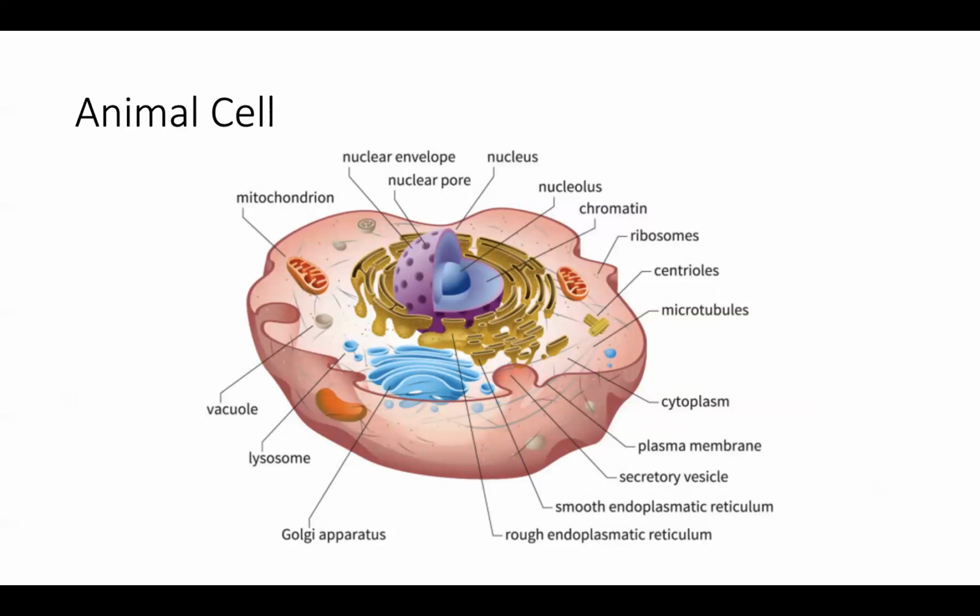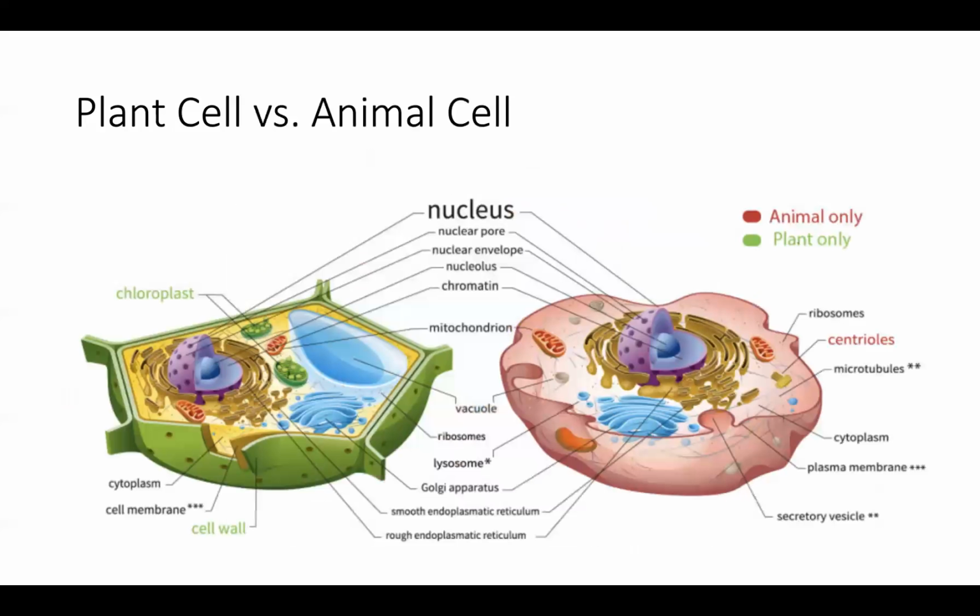Okay, the animal cell is also going to present with the membrane-bound structures such as the nucleus, mitochondria, and so forth. All right, so you should highlight those structures and be able to identify those structures that are present only in animal cells and only in plant cells.